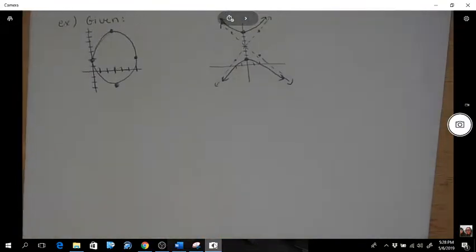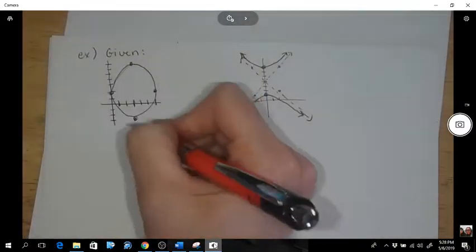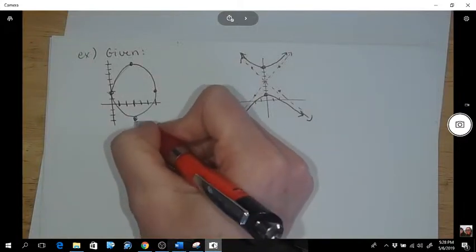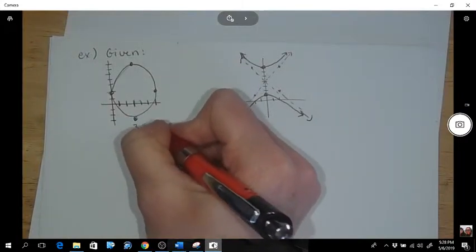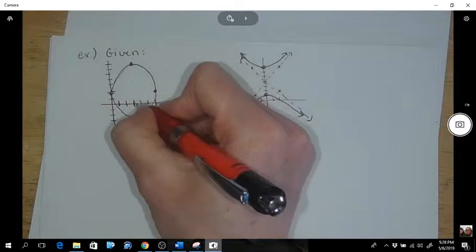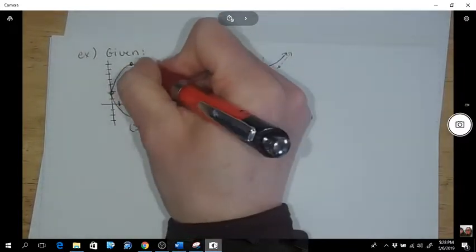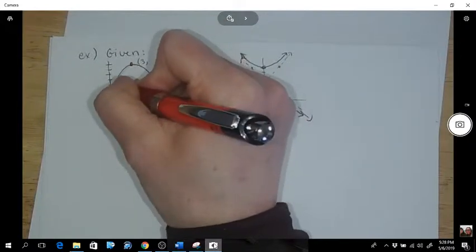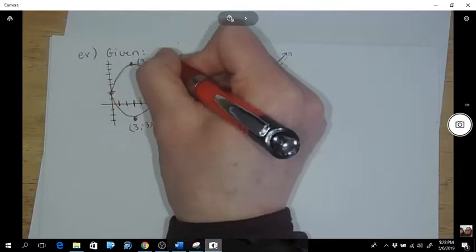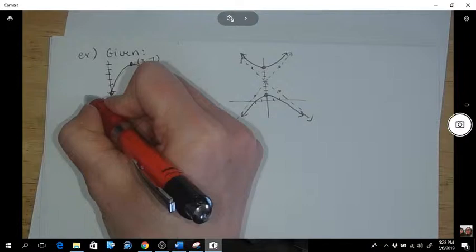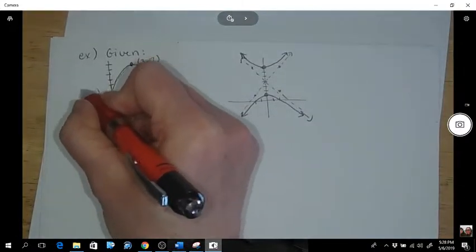Okay, last two here, given two graphs. So I'm going to give you some points here. So this is (3, -3) looks like. (3, 6), (2, 3, 7), and (0, 2).